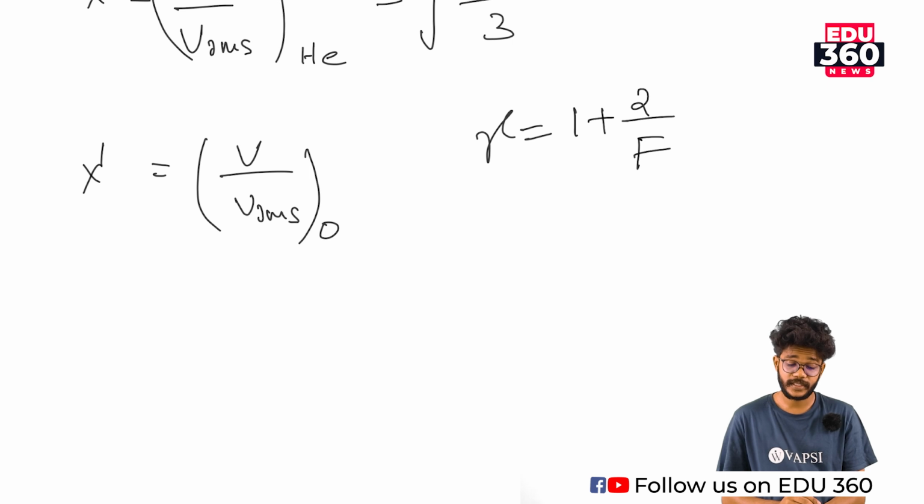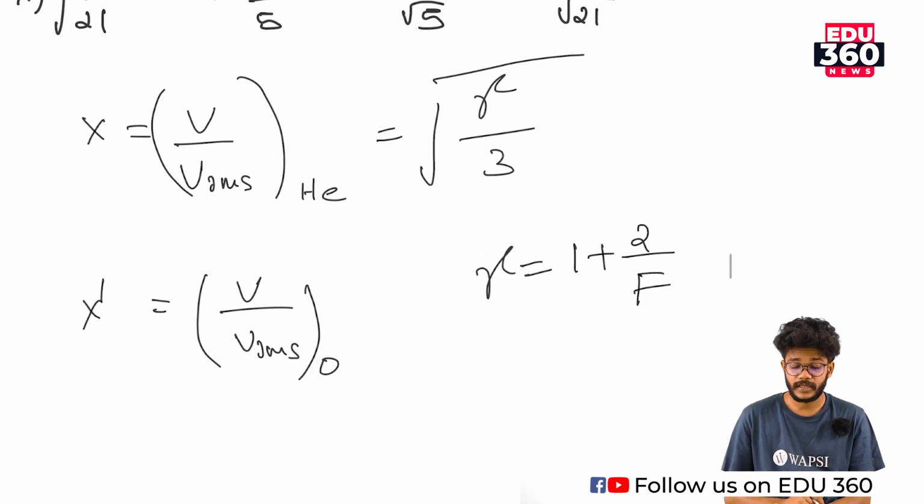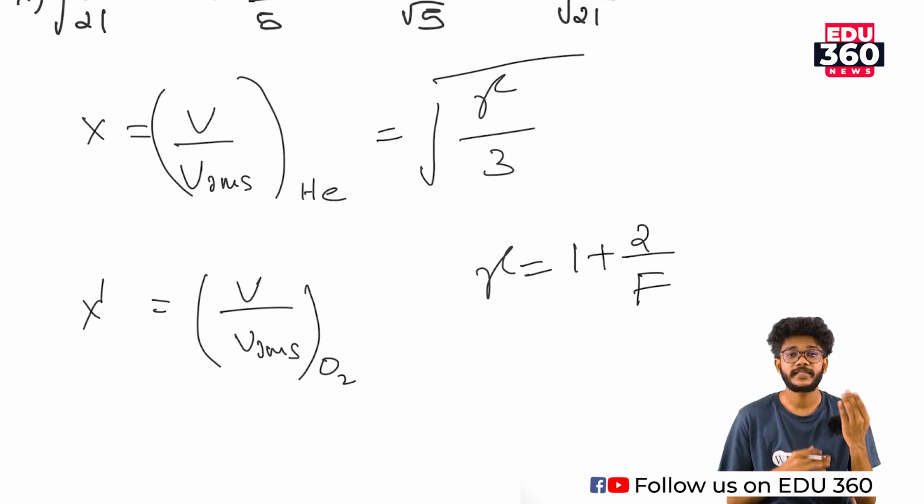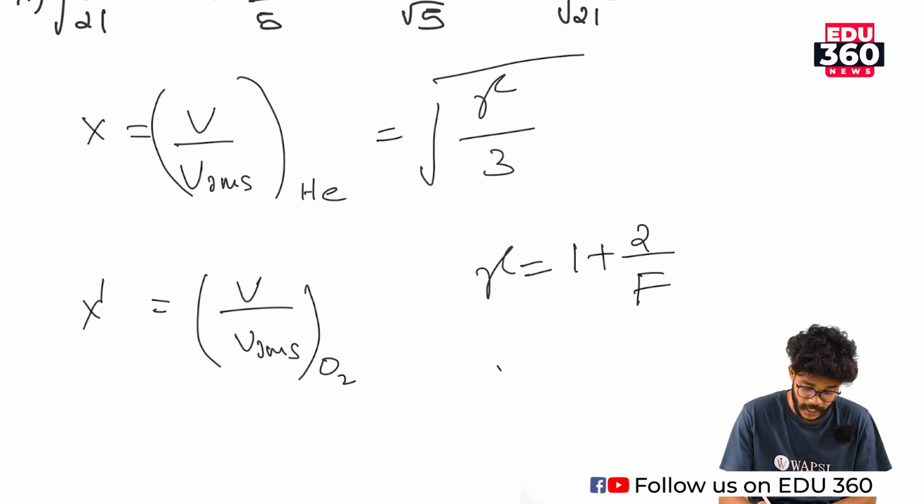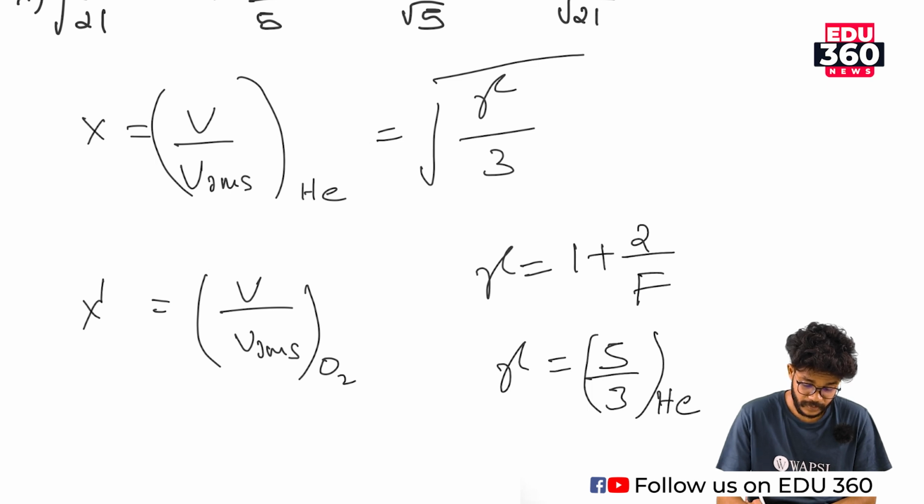F is the degrees of freedom. What's the value of F for the helium atom? Helium is monoatomic, so degrees of freedom is 3. So F is 3. 2 by 3 plus 1 is 5 by 3. So gamma is equal to 5 by 3 for helium.